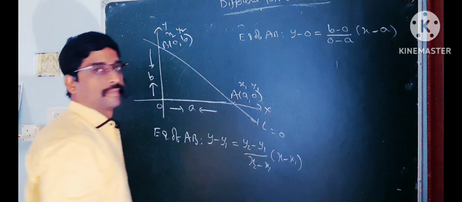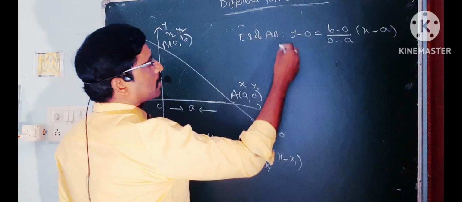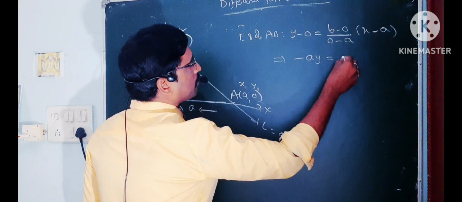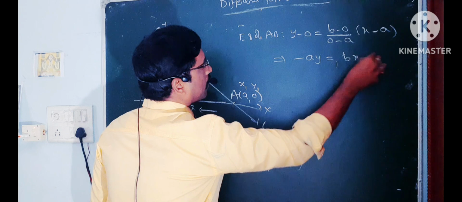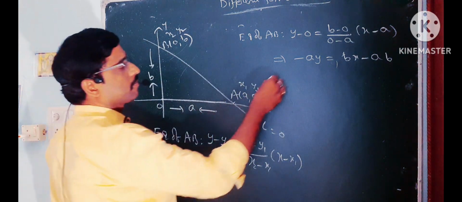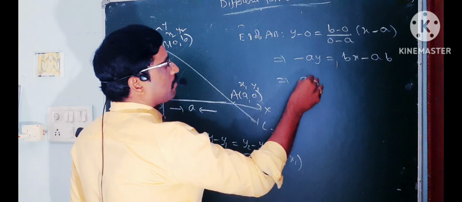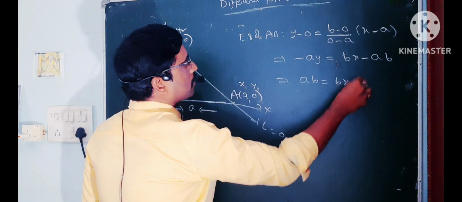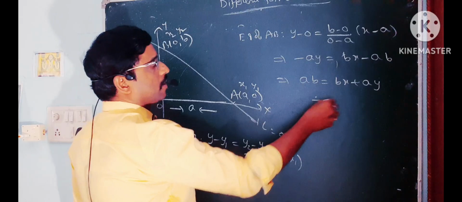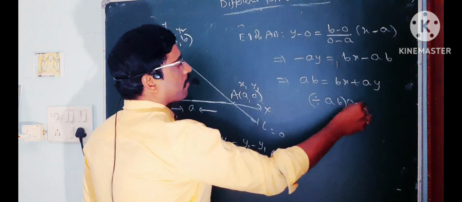Now let us take the cross product here. Minus ay is equal to b multiplied by (x minus a), that is bx minus ab. The minus ab sent to the left side, and ay sent to the other side: ab is equal to bx plus ay. Now divide by ab on both sides.